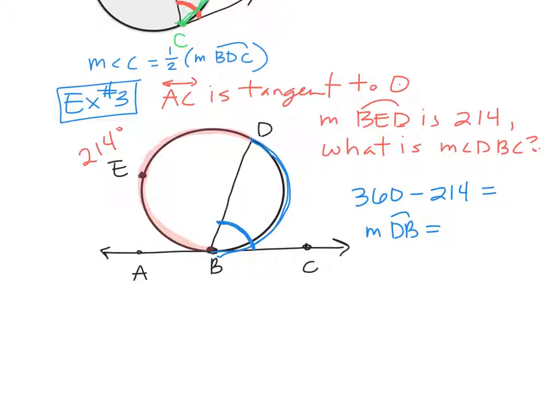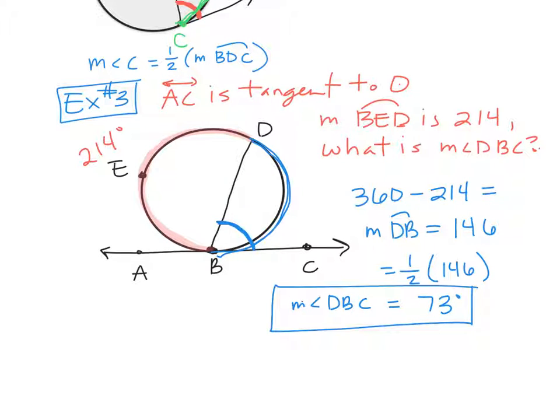DB is 146. So that's the measure of arc DB, and then what do you do to that? Cut it in half. So half of 146 gives you the measure of angle DBC, which is 73 degrees.